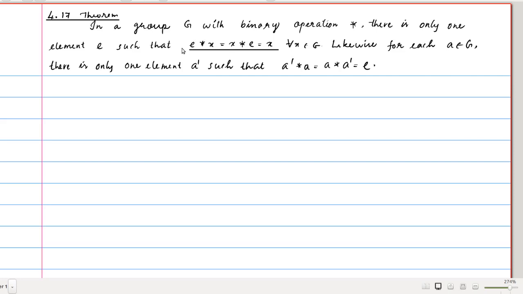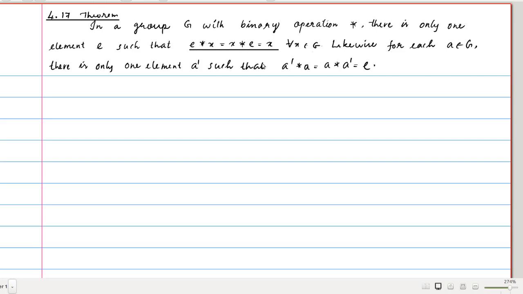We already proved that the identity element of a binary structure is always unique. That we have proved in theorem 3.13. So the first part is trivial, because G is also a binary structure, and if there exists such an element E in that structure, then it will be unique. So we are not going to prove that again.